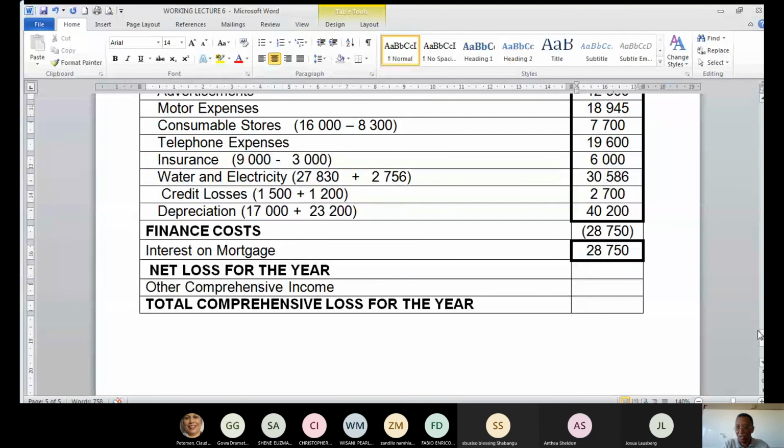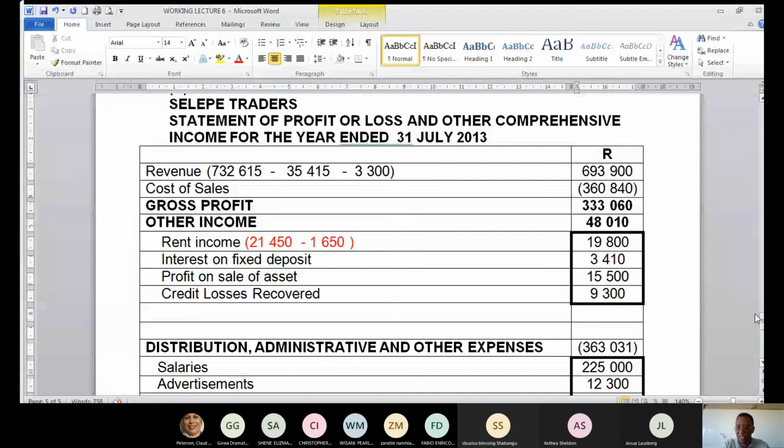So we will now calculate what is the profit or the loss for the year. You will take the gross profit of 333,060. You add your other income of 48,010.